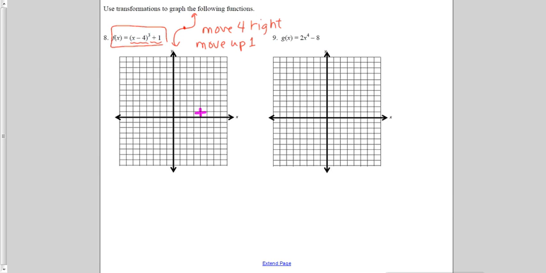Now I just need to plot my basic shape for an x cubed. So I have 0 cubed is 0, and I'm going to go through that point. My next point would be over 1 and up 1, because 1 cubed is 1. I could also go 1 to the left and down 1 to take into my negative. 2 to the third is 8, so from my anchor point, I'm going to go over 2, up 8.